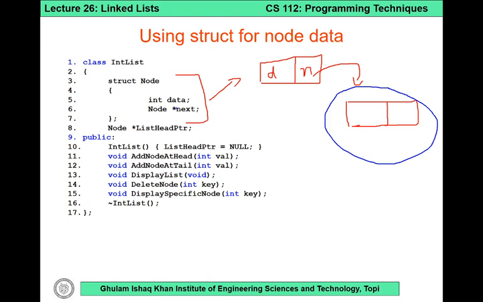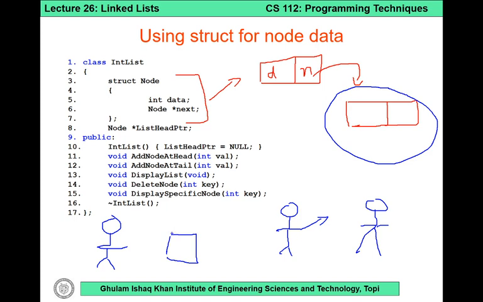Now because this node is pointing to another node which is of type node, right? For example, if a person is pointing, let's say, to another person, both of them are humans, right? So this is called self-referential. But if a person is let's say pointing to a box, I was thinking about drawing a cow, but that will be challenging here.